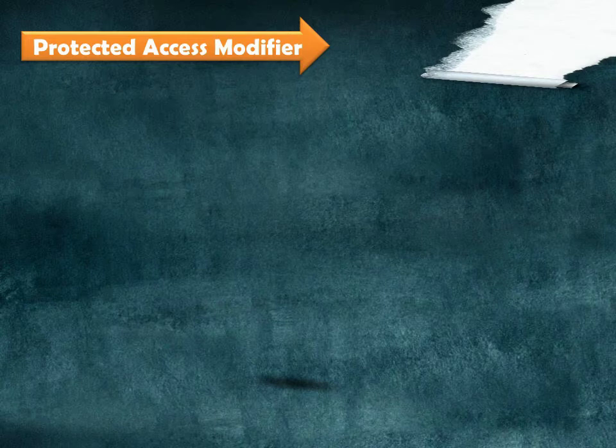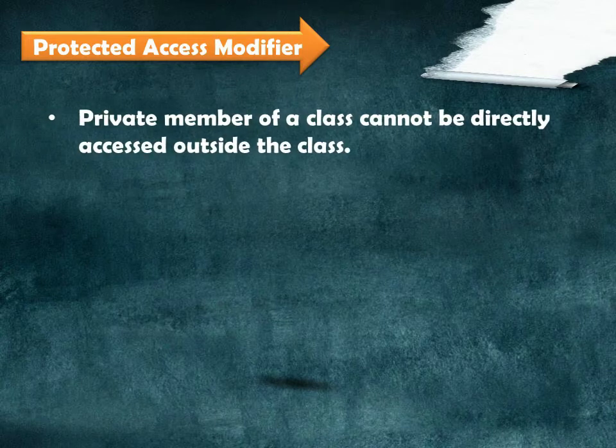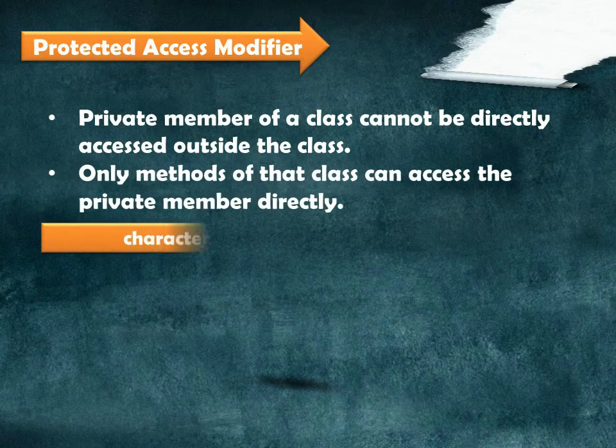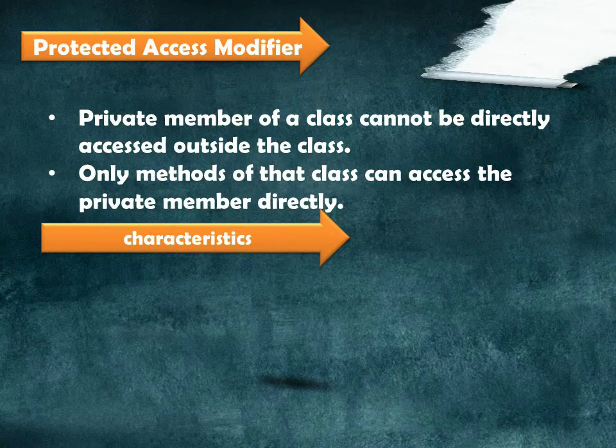A private member of a class cannot be directly accessed outside the class. Only a method of that class can access the private member directly. Here are some characteristics of protected.